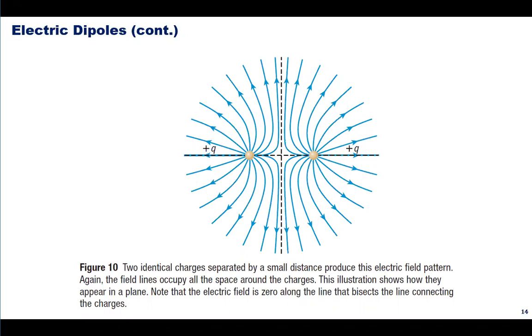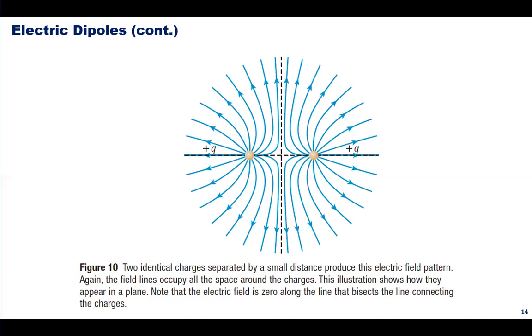Notice that farther away from these charges, the field behavior starts to resemble that of a single charge. That is, the field lines appear to be radiating from a single point charge. This makes sense because at a large distance from the two charges, the separation between them is not noticeable, and both charges have the same sign.